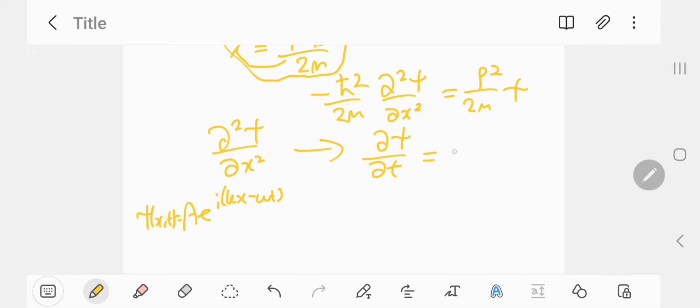Here's what we get. We're focusing on this minus omega, so I should say minus i omega, because i times minus omega t, right? I omega times e to the i kx minus omega t, which is just minus i omega psi, right?